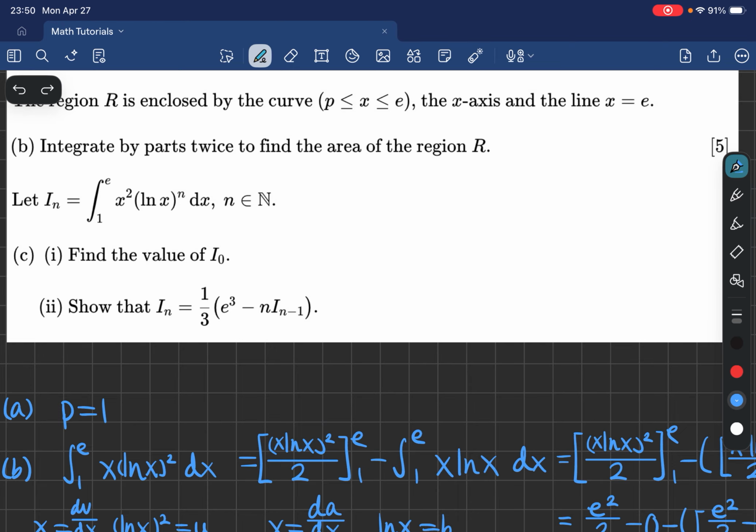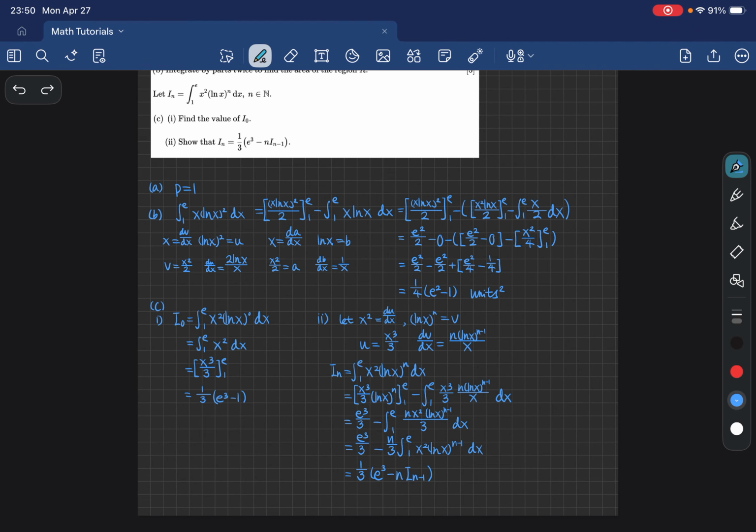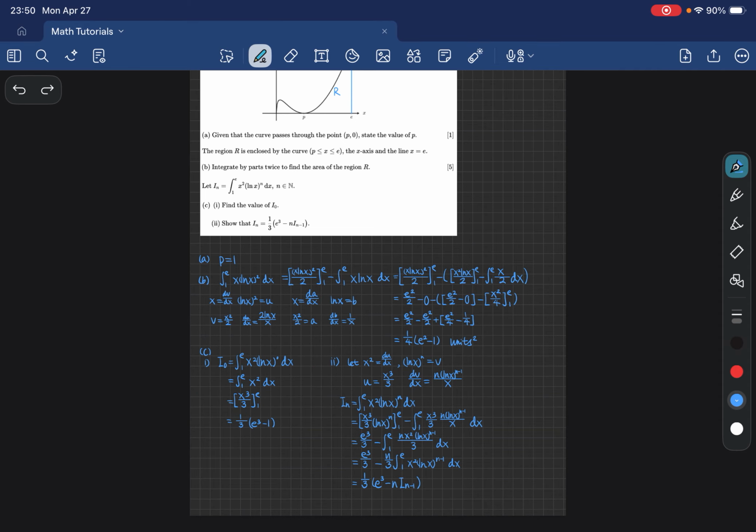So now we have I of n minus 1 in here and times some kind of factor. So in the end, we will be able to just pull out 1 over 3, and we will be getting the one the question is asking for.